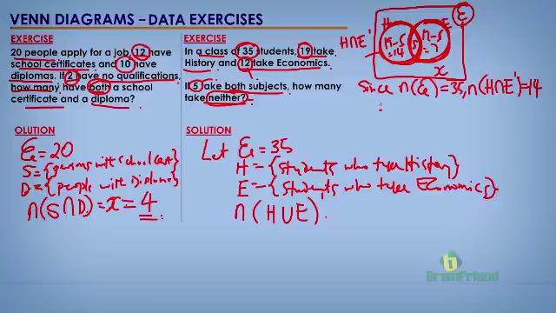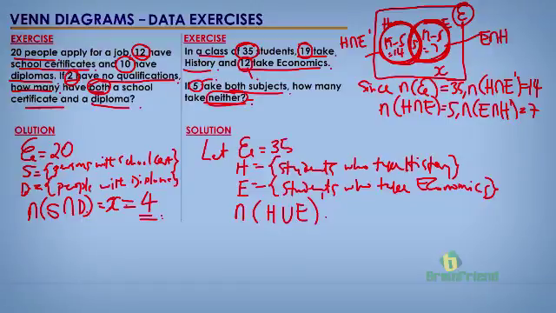Also, we know that the cardinality of H intersection E, that is the number of students that take both history and economics, is 5. We also know that the cardinality of E intersection H prime is 7. And that is this region here is E intersection H prime.